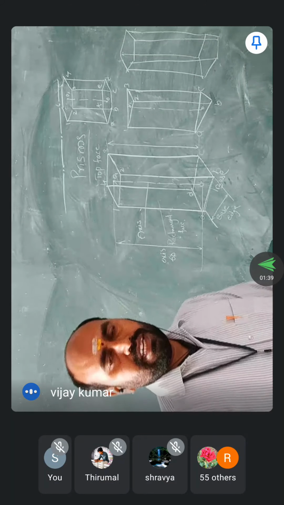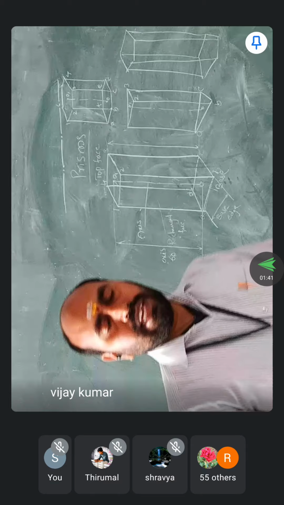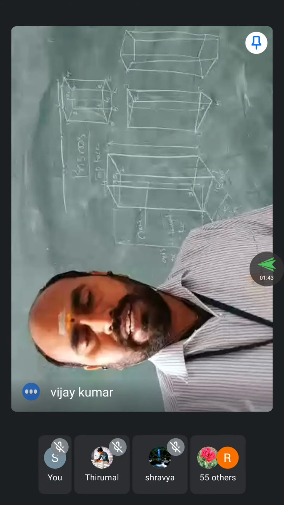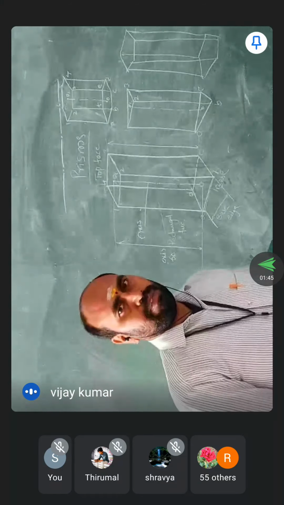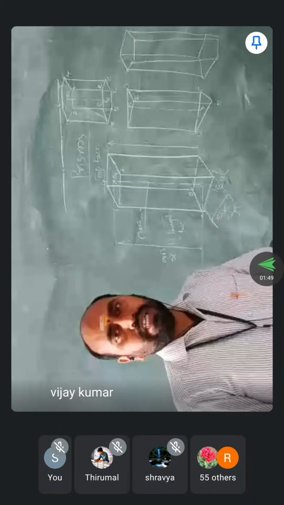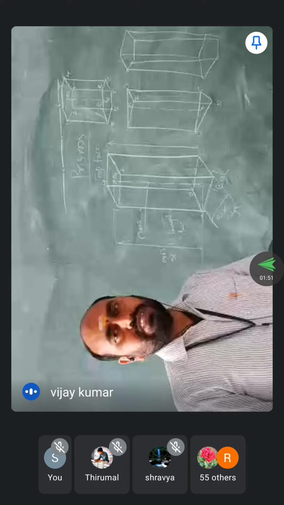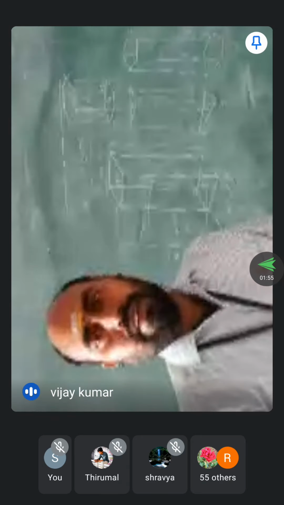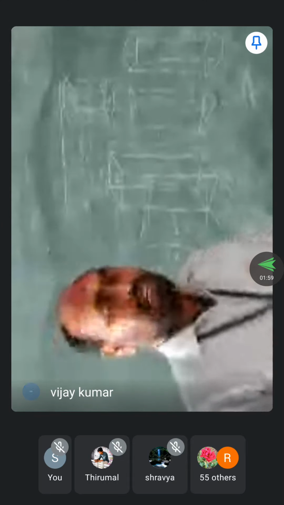Suppose the question says base 30 mm and axis 50 mm. It means the base edge of the given prism is 30 mm and the total height of the prism is 50 mm.